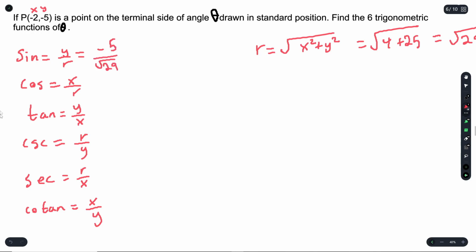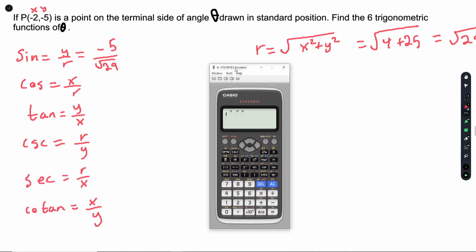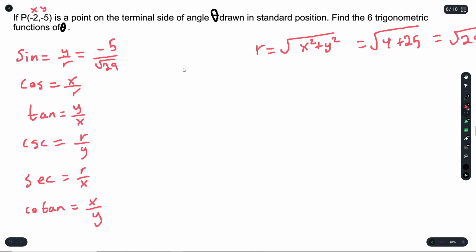We cannot have a radical in the denominator, so if we just write it on a calculator, it will fix that. Negative 5 over radical 29 is negative 5 radical 29 over 29. What it basically did is it multiplied both the numerator and the denominator by radical 29.